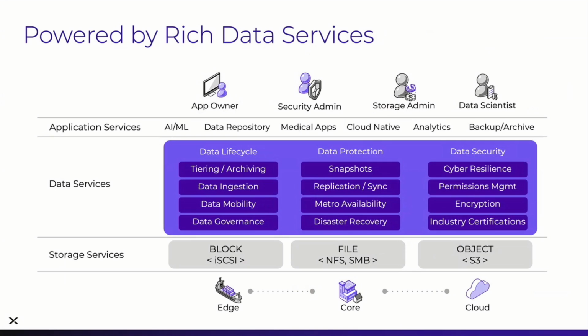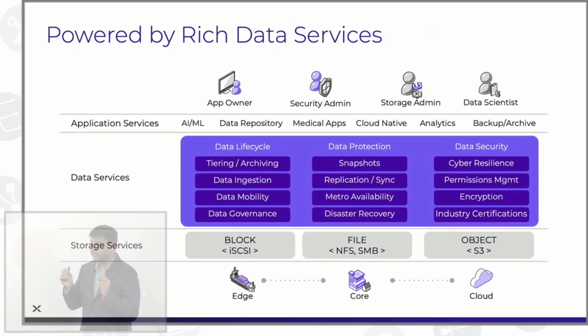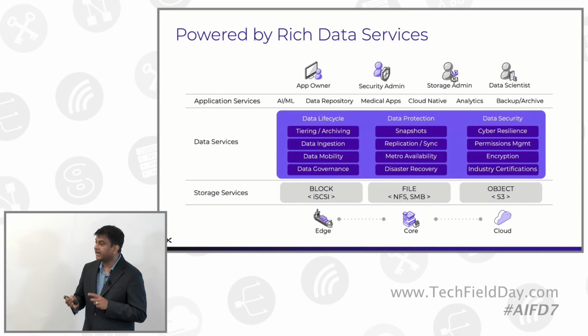We'll talk about those. Very comprehensive data protection, some of which we leverage from our underlying NCI infrastructure as well. So supporting metro availability, we're one of the few vendors which does that with zero data loss. We support that, near sync, async DR, snapshots, immutable snapshots, all of those are supported.